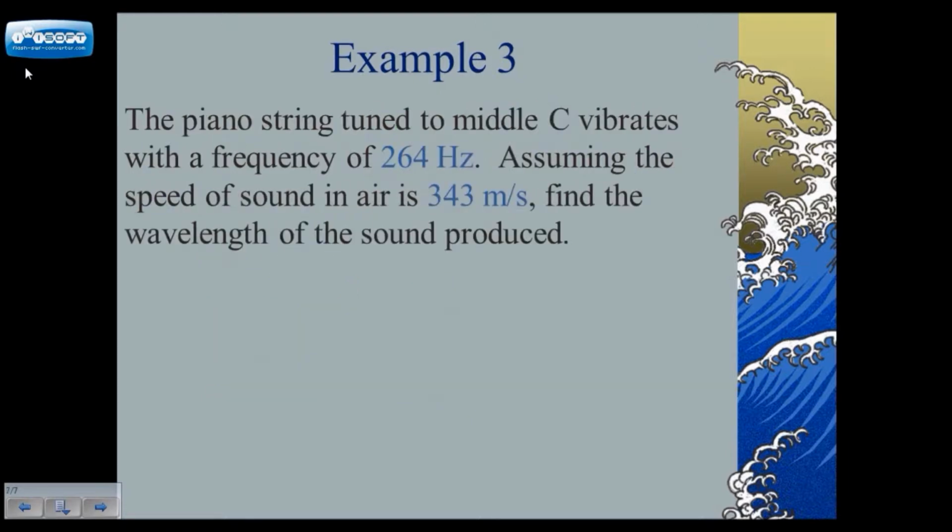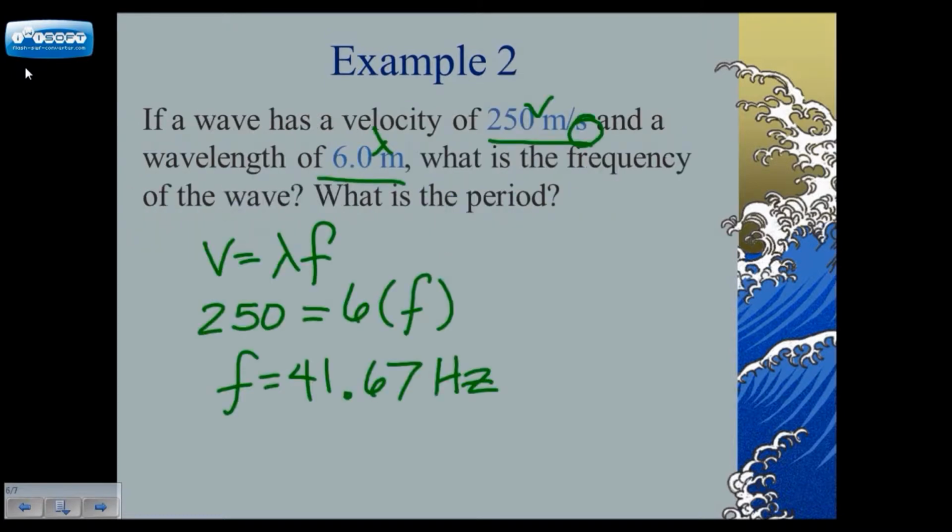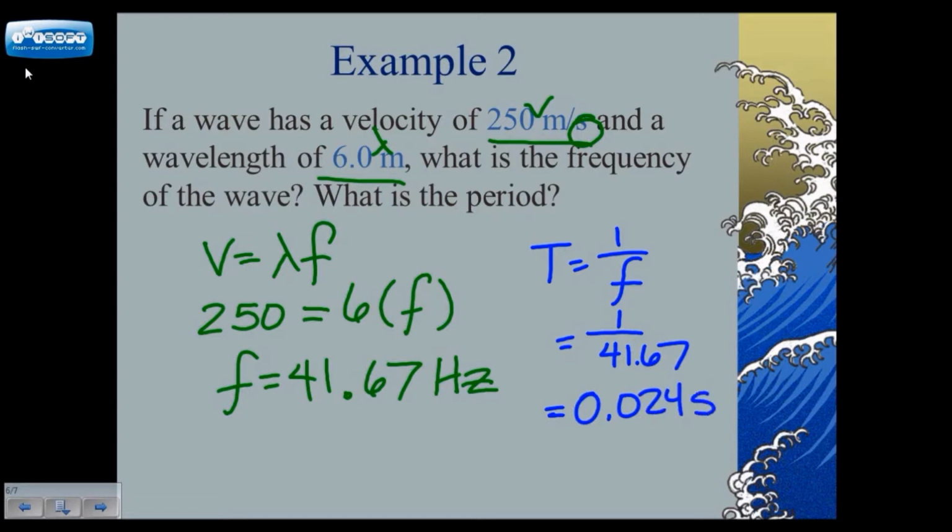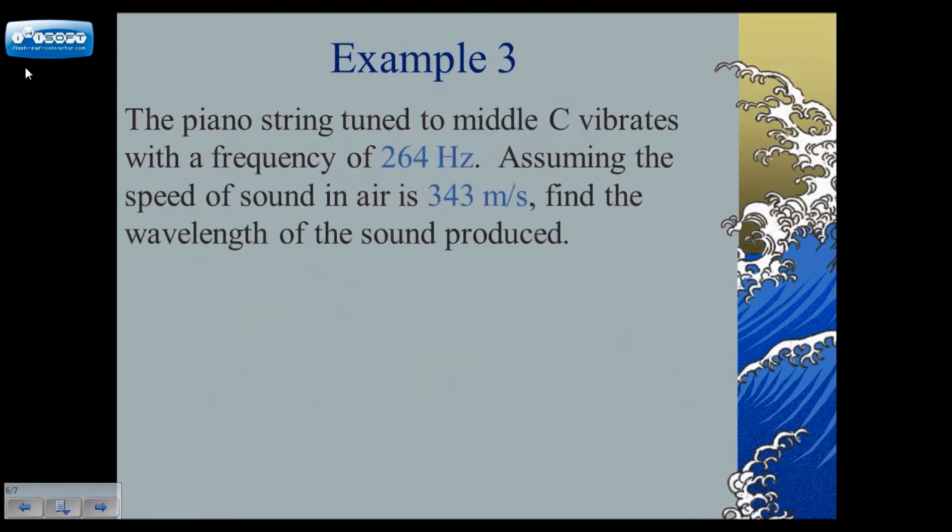Our next example, we forgot to do period, didn't we? So for period, it's just 1 over frequency. So 1 over 41.67 gives us a period of 0.024 seconds. Since it's hertz, 1 over seconds, the inverse is seconds.